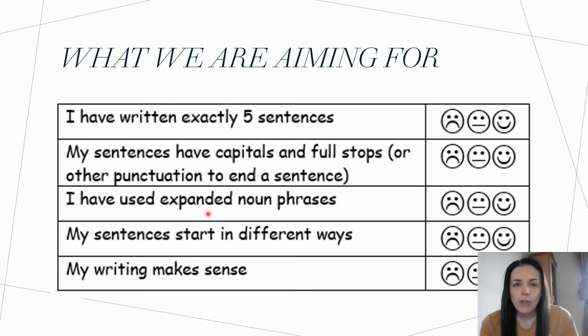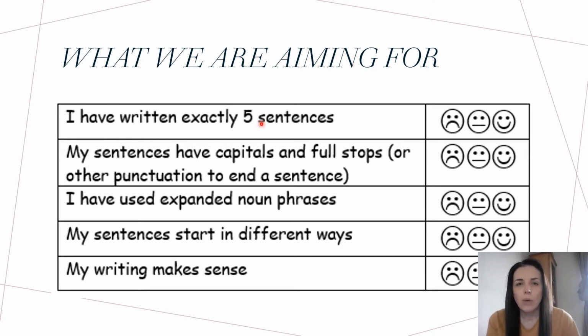So as well as using our expanded noun phrases, we're going to do something else today. We're going to write 5 sentences. Now, don't worry too much about that because those sentences can be short and simple today, and we will spend Thursday and Friday going through those in more detail.